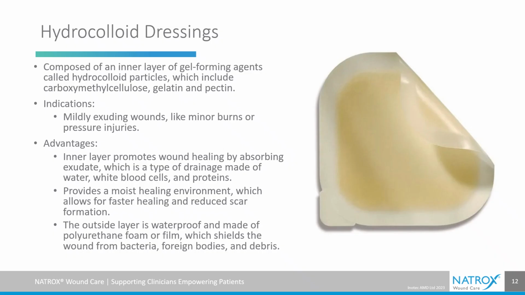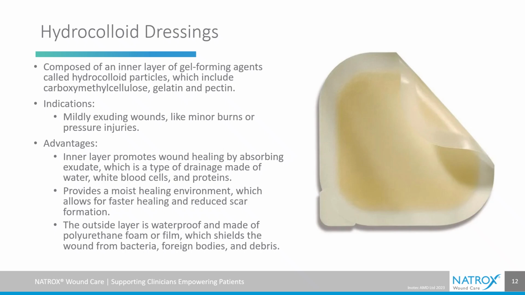Hydrocolloid dressings are composed of an inner layer of gel-forming agents called hydrocolloid particles, which include carboxymethylcellulose, gelatin, and pectin. They are indicated for mildly exudating wounds only, like minor burns or pressure injuries.